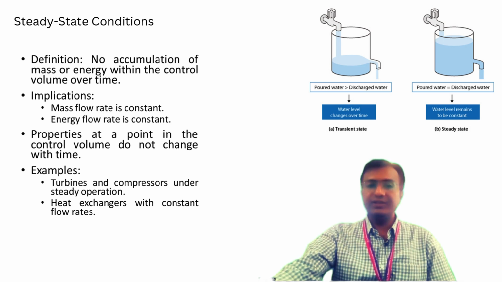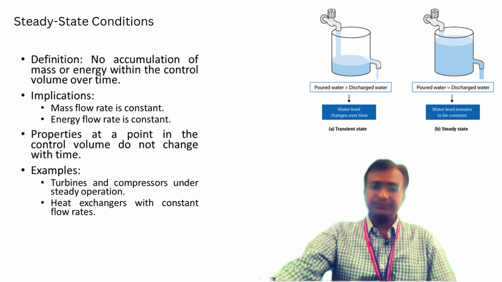In steady state condition, the properties at the point in the control volume do not change with the time. This simplifies the analysis of the system by eliminating the need to consider the changes in the internal energy or the mass within the control volume.